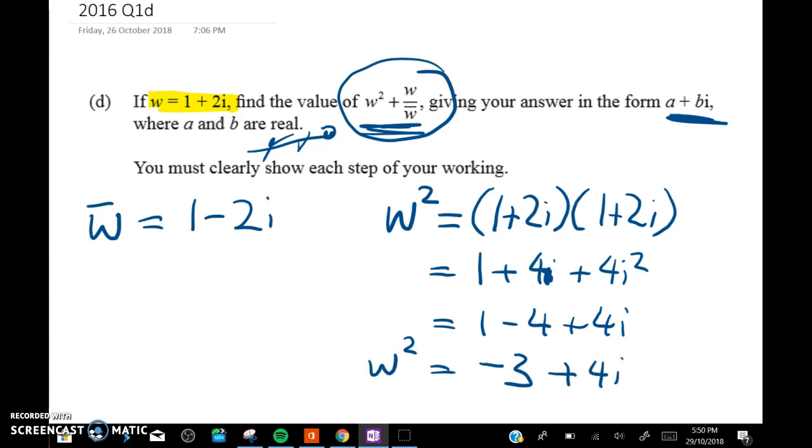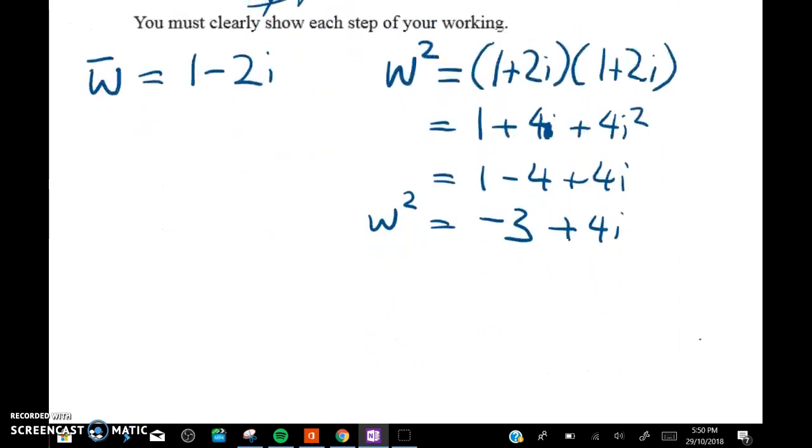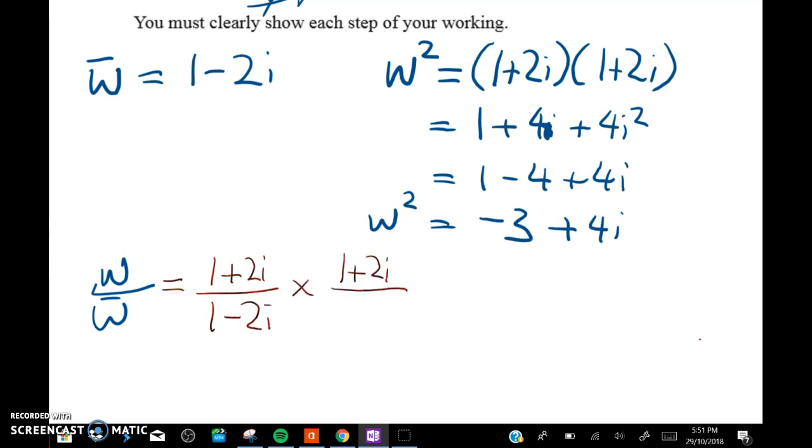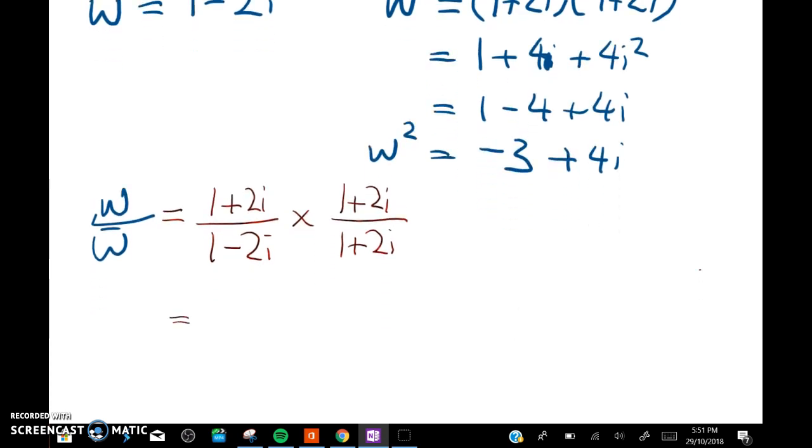Now let's do the w over w conjugate bit. So w over w conjugate will be 1 plus 2i over 1 minus 2i. We need to multiply numerator and denominator by the conjugate so that we rationalize it.